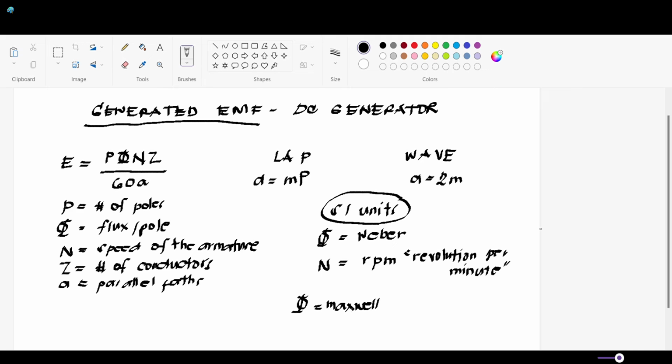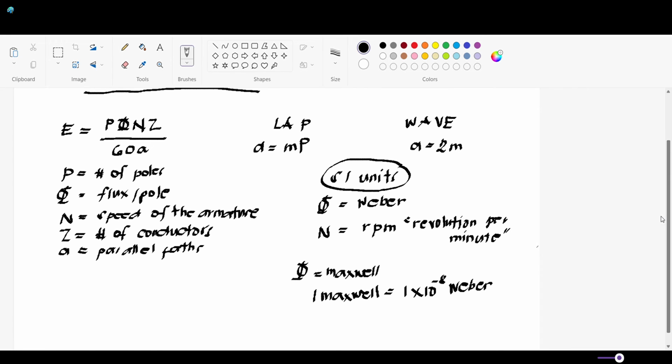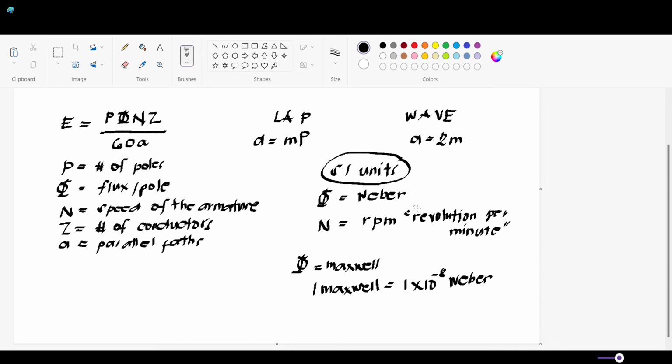So to convert Maxwell into Weber, 1 Maxwell is equivalent to 1 times 10 raised to negative 8 Weber. And there will also be instances wherein the given problem uses revolution per second. So always take note that flux must be in Weber and speed must be in revolution per minute.